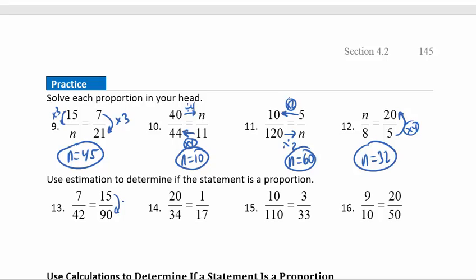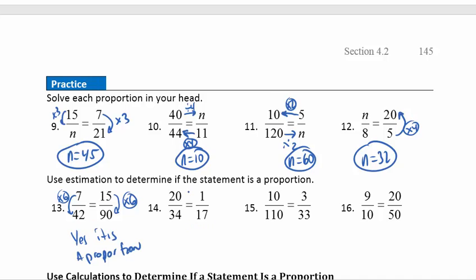No. 40 plus 20 is 70. 30, 60, 90, 6. So if you look at the relationship here, 15 to 90, we'd have to multiply by 6 to make that happen. And if we check on this side, 7 times 6 also gives us 42. So we're multiplying both numerators by 6. So this is yes. This is a proportion.